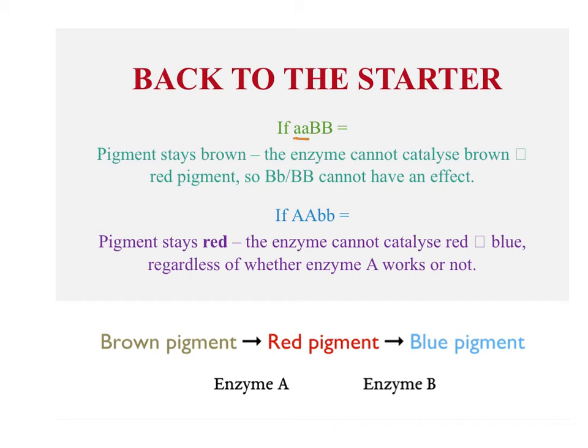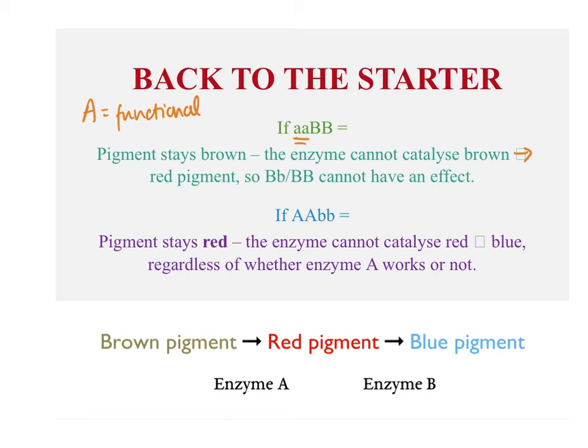So if we've got 2 little a's, and we know that a big A, a dominant allele, is a functional enzyme, then for this first example, the pigment is going to stay brown. We don't have enzyme A to catalyse the formation of the red pigment from brown to red, so we don't have any further colour change regardless of the presence of those 2 dominant B alleles.